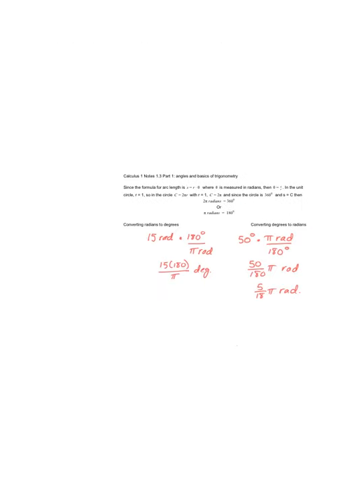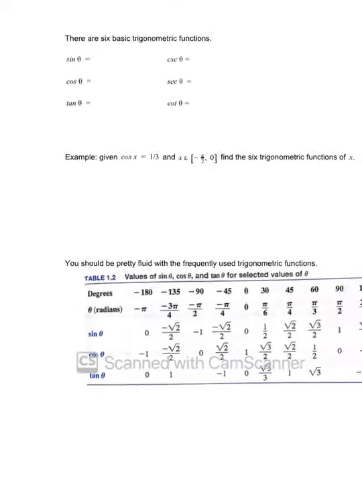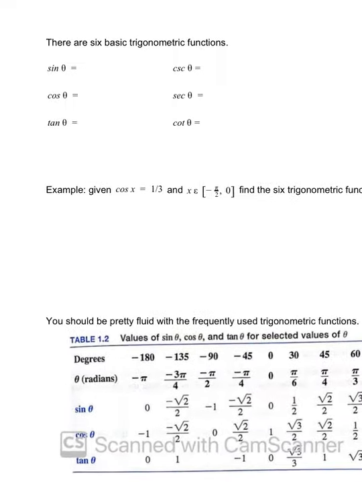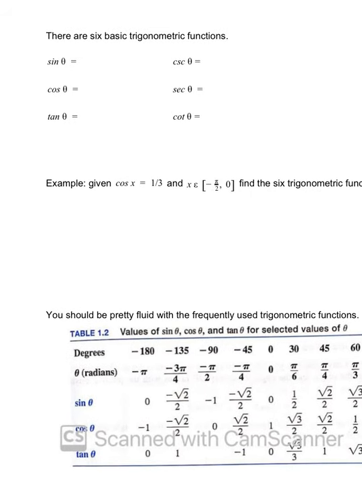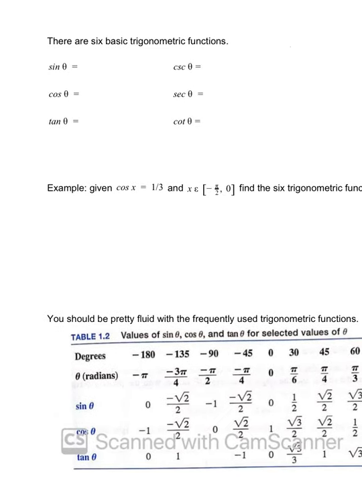Second, there are 6 basic trig functions that you need to know about: sine, cosine, tangent, cosecant, secant, and cotangent. These are used for a right triangle.